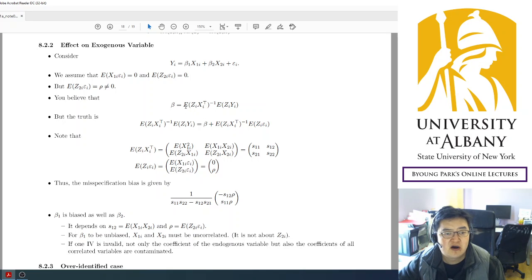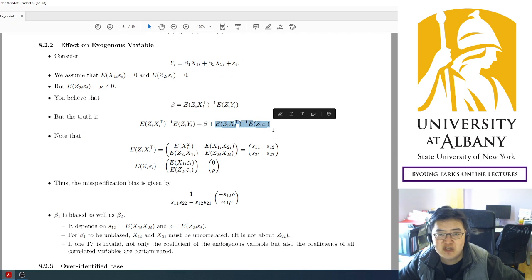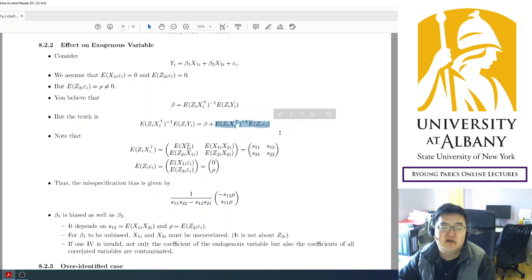And then again, to show the misspecification bias in a general form, replace y with this linear regression equation, plug that into here. So then after expansion, we have done this many times today, then you get beta plus something, which is the misspecification bias.